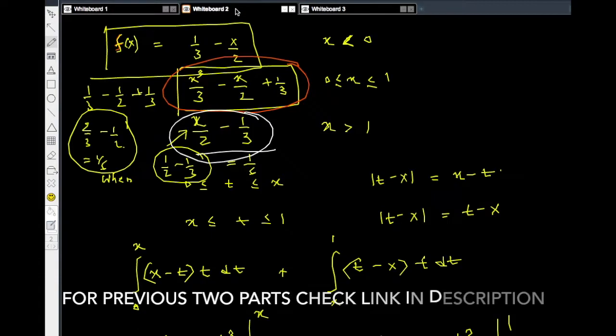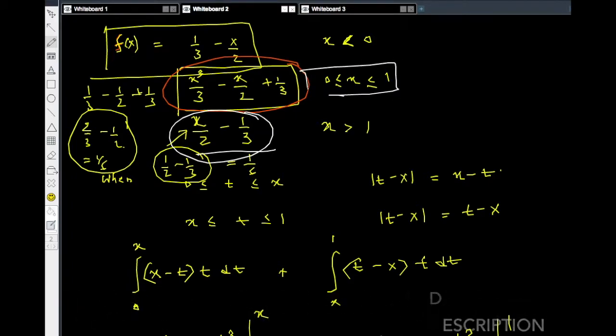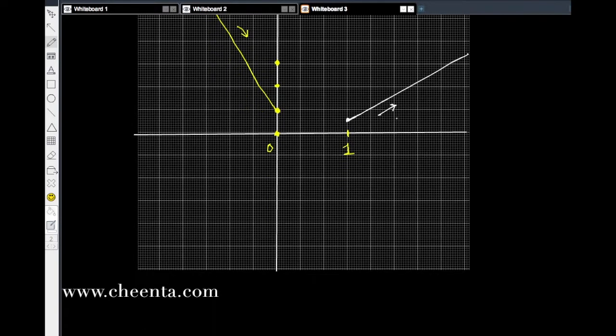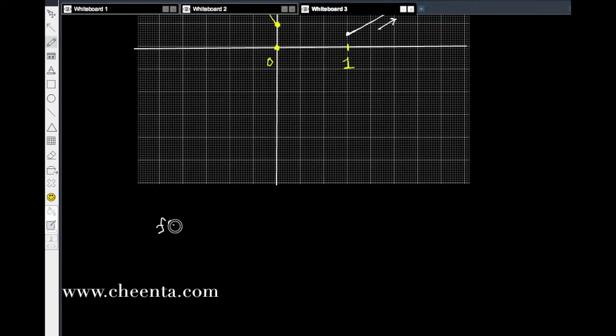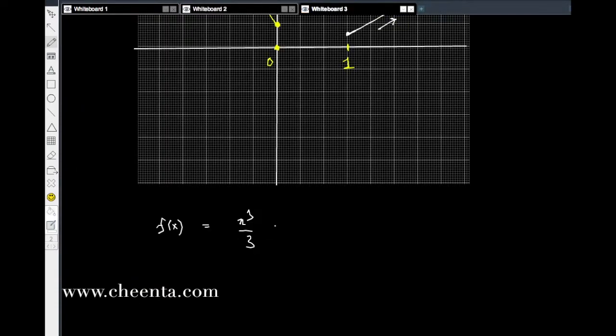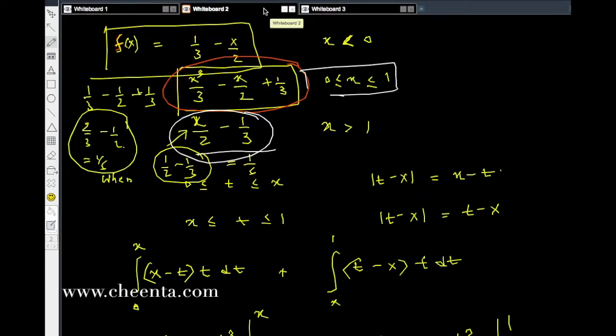Okay, now certain things are happening in between 0 and 1. So we have x cube minus x by 2 plus 1/3. Let's pick the interval. So f(x) is equal to x cube over 3 minus x by 2 plus 1/3.